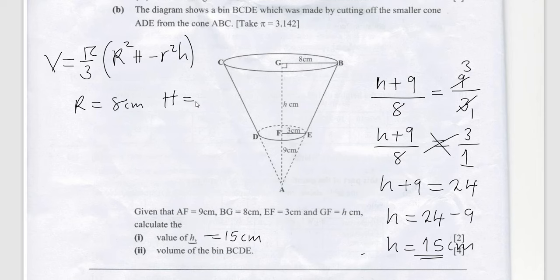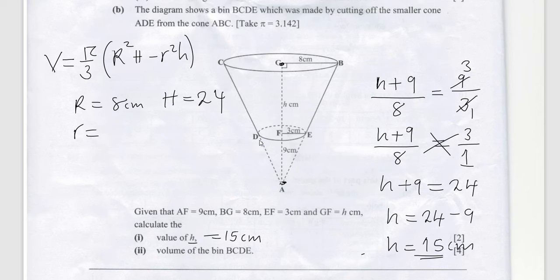Capital H will be found by adding 15 plus 9. What is 15 plus 9? You get 24, meaning the total height from this point up to the end here is 24.